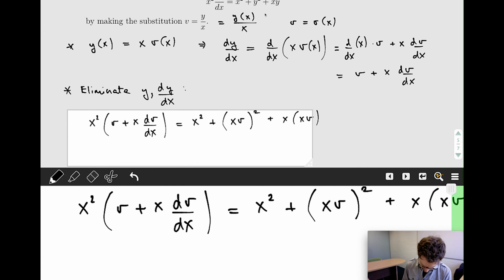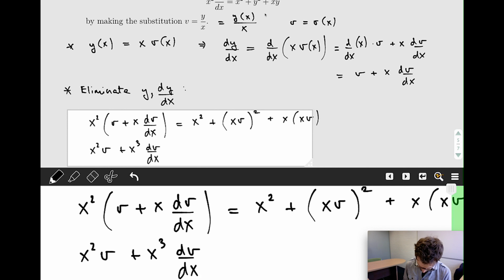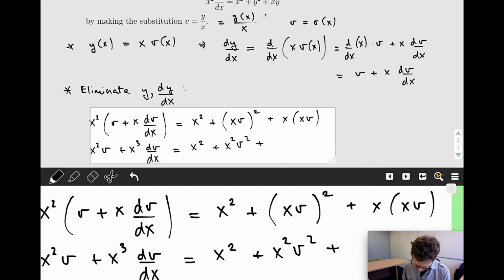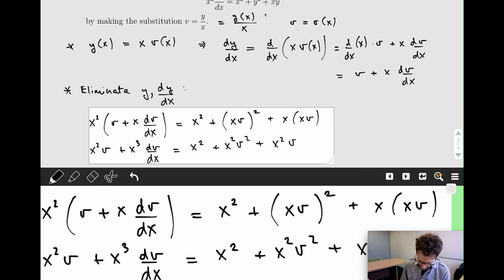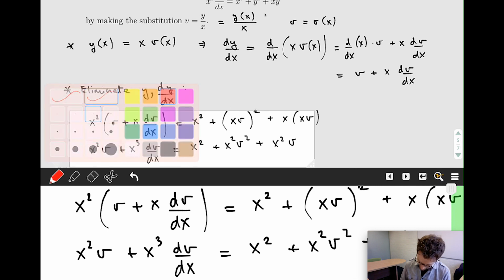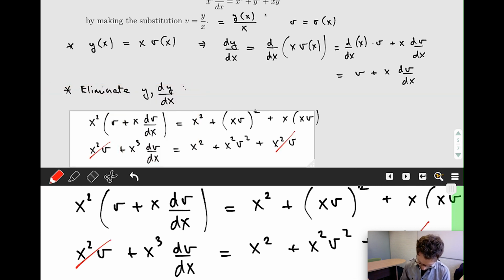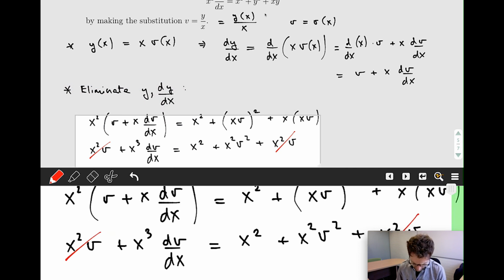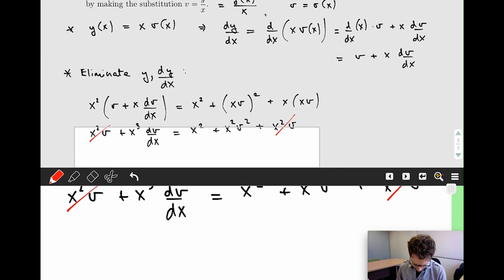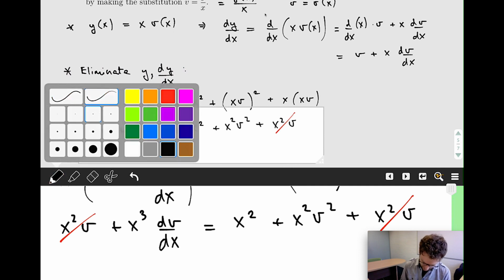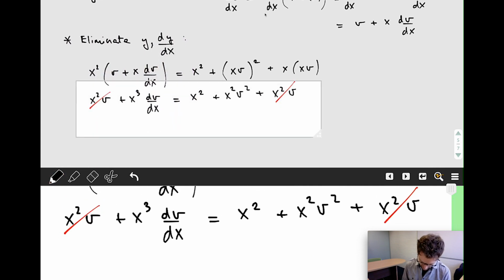Let's multiply all this out, so I get x squared v plus x cubed dv dx equals x squared plus x squared v squared plus x squared v. And you notice that I get an x squared v on each side, so those cancel out. And I get a common factor of x squared on the right hand side, so I can also take that factor out.